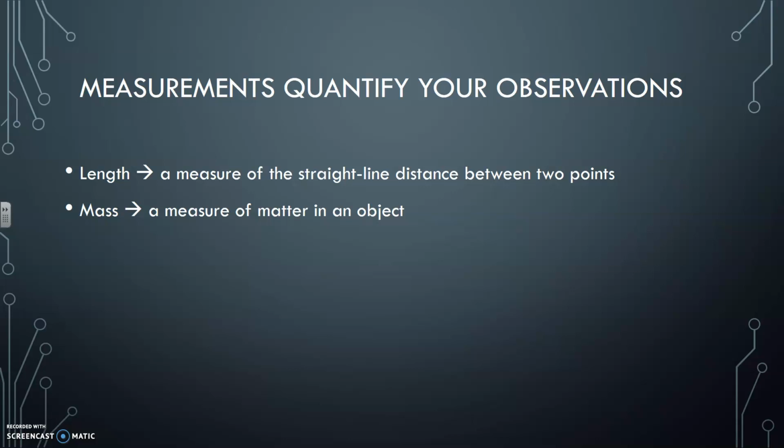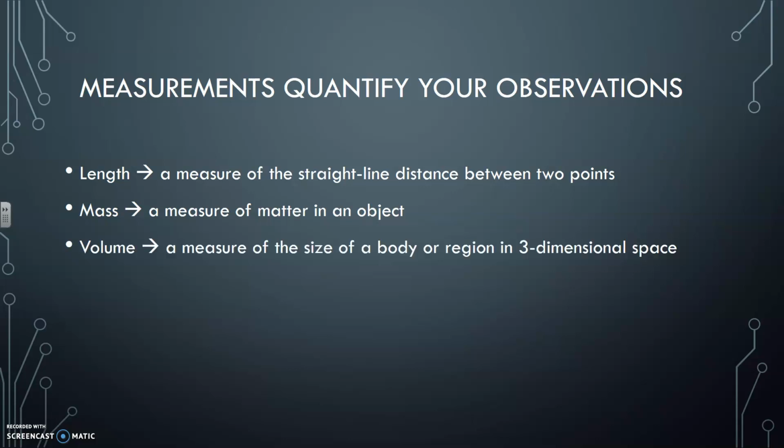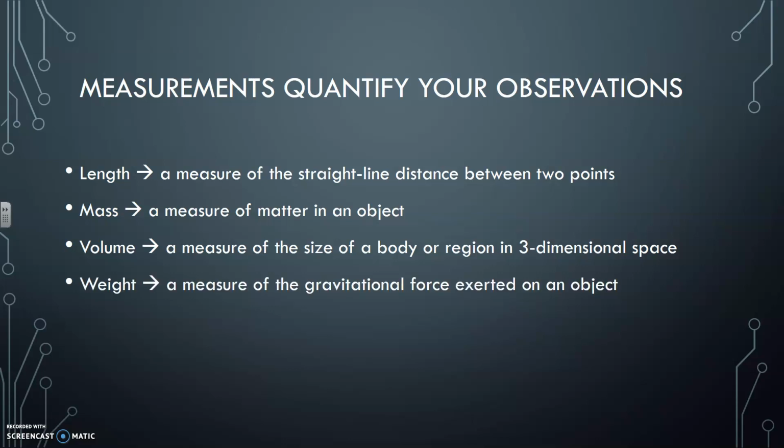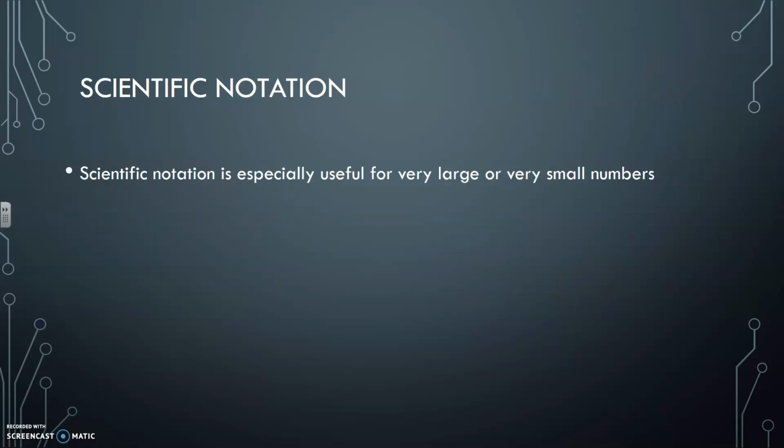It is slightly different from weight, which factors in gravity, the gravitational pull. Volume is a measure of the size of a body, an object, or a region in three-dimensional space. You also have weight, a measure of the gravitational force exerted on an object, which does factor in mass.